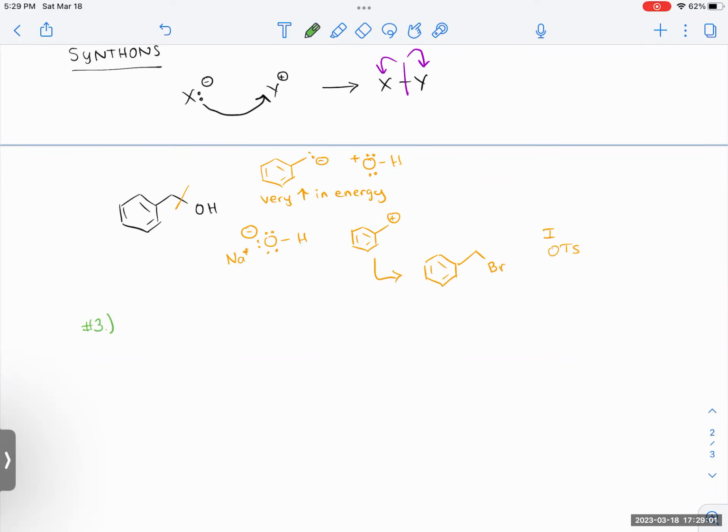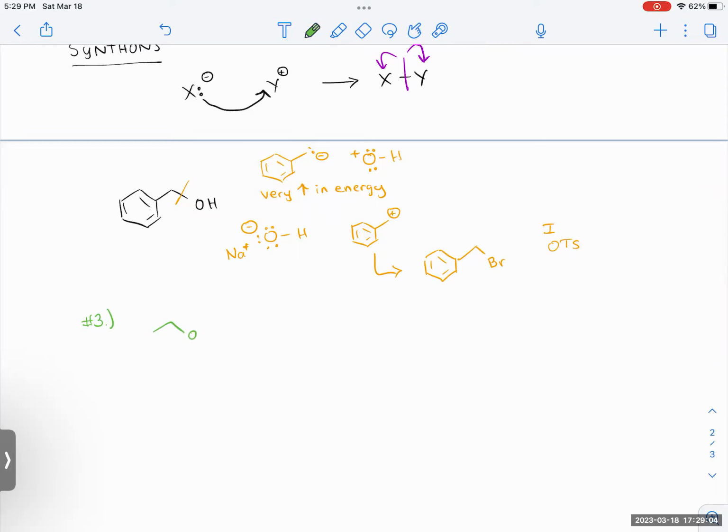All right, so let's do an example. Number 3. Let's say we have this. At least in this problem, we're told to cut it here. So where are our electrons going to go? The more electronegative one is the oxygen. Yep. And then this is going to have our positive charge.